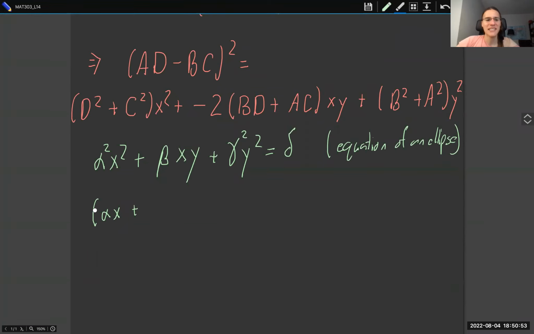Anyway, this gives you an ellipse, long story short. But this gives the equation in terms of x and y.